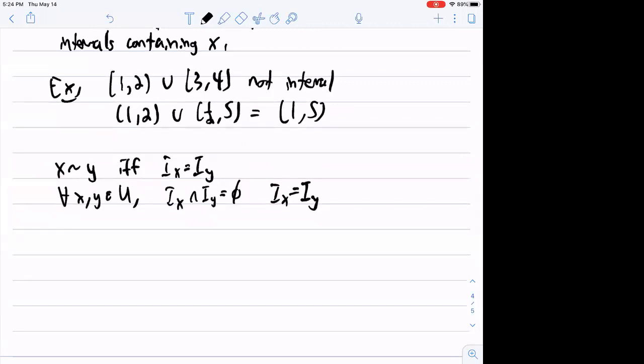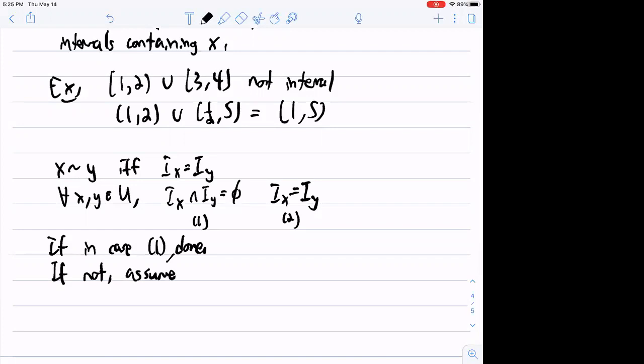The reason for this is, if we are in case one, done. If not, assume the intersection is not trivial, so it contains at least one point.